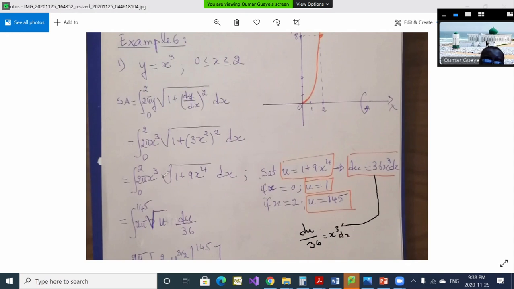And I just represent here, replace x cubed and dx to get this part here. And as you know, u root of u is just equal to u to the power half. We're going to use the power rule for integral. Is it okay up to here?